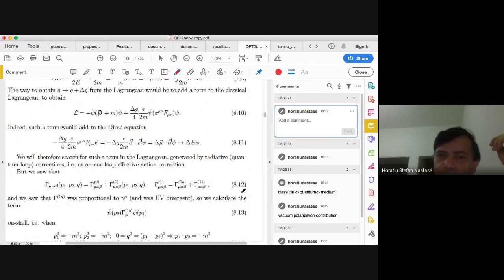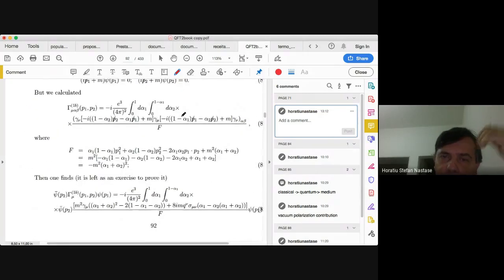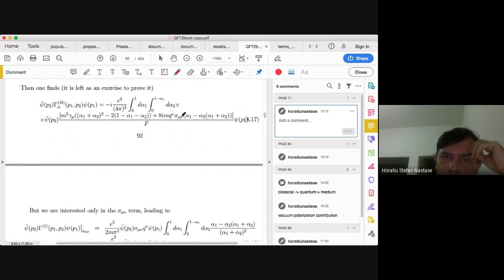As I said, we were interested in the term in the quantum field theory correction to the Lagrangian that was of the form psi bar sigma mu nu F mu nu psi. So I'm interested, therefore, only in this term with sigma mu nu.